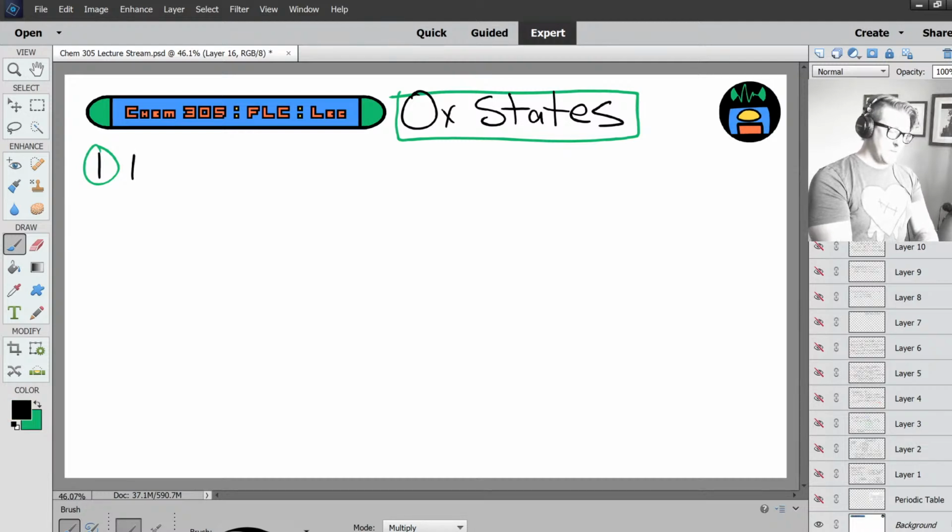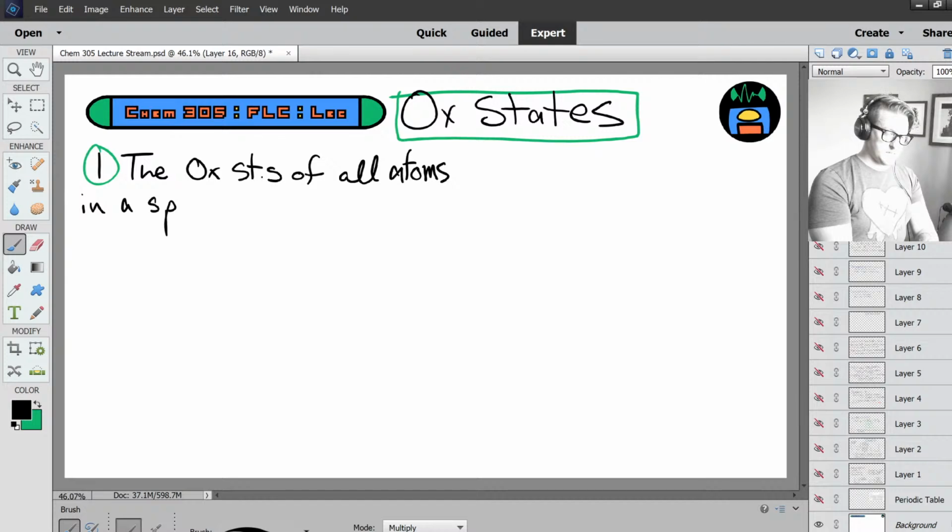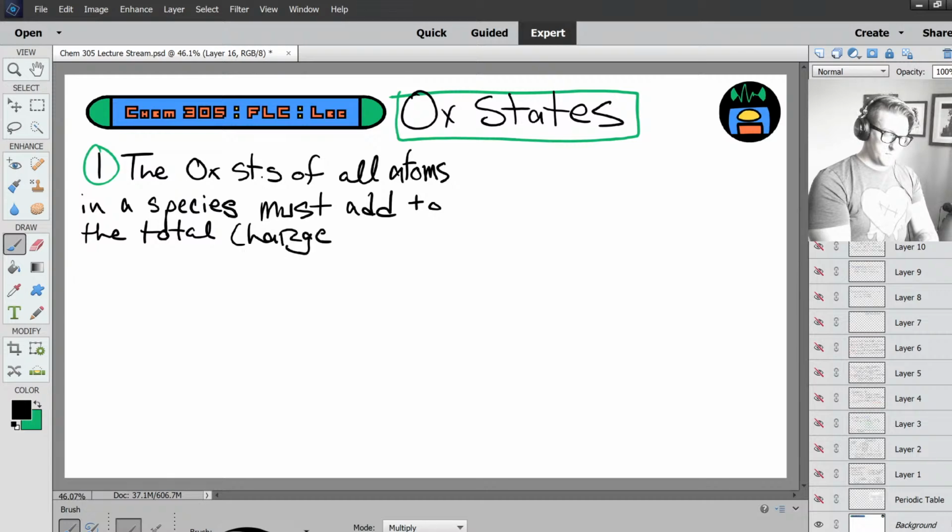So rule number 1, and this is the most important one: the oxidation states of all atoms in a species must add to the total charge. All right, the oxidation states of all atoms in a species must add to the total charge.